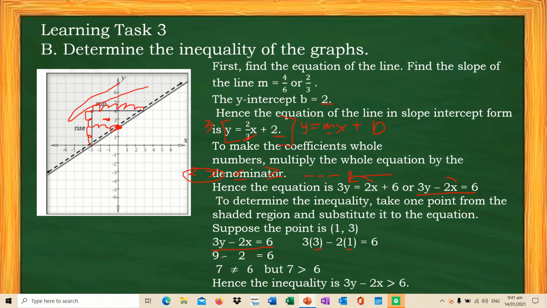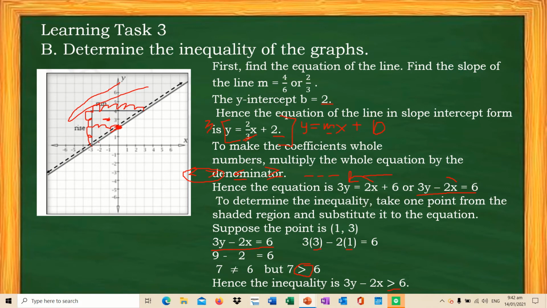So, i-analyze nyo. 7 is not equal to 6, but 7 is greater than 6. So, since 7 is greater than 6, the inequality na gagamitin nyo is greater than. So, hence the inequality is 3y minus 2x is greater than 6. So, papalitan nyo lang dyan yung equal sign ng greater than.